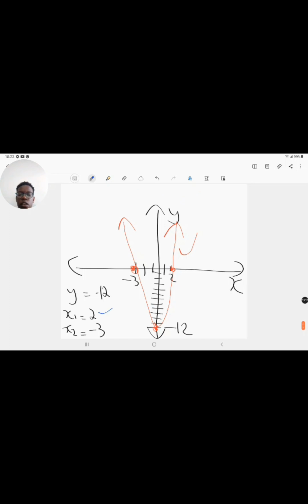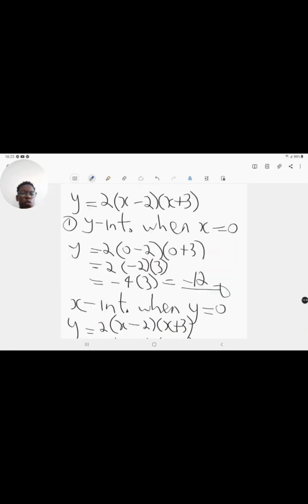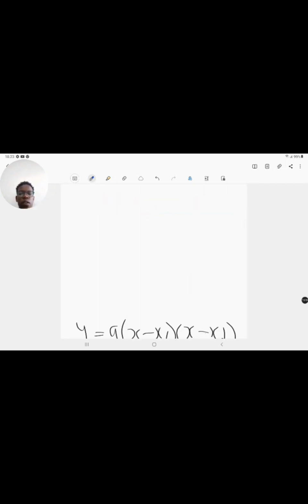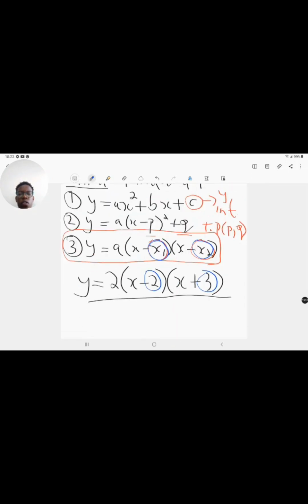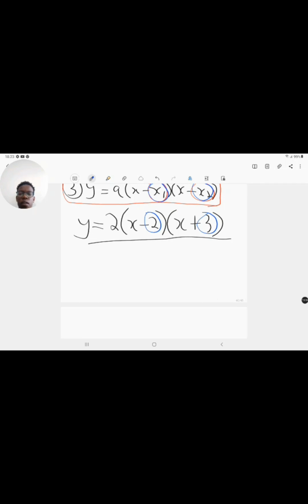Our x-intercepts are 2 and minus 3. So let me write them down. So x1 was 2 and x2 was minus 3.